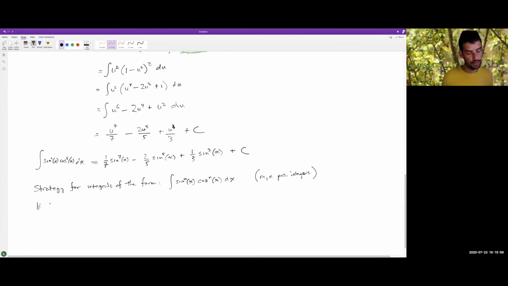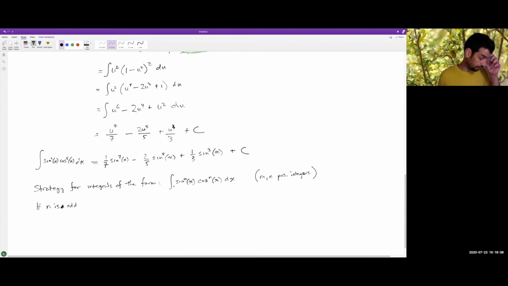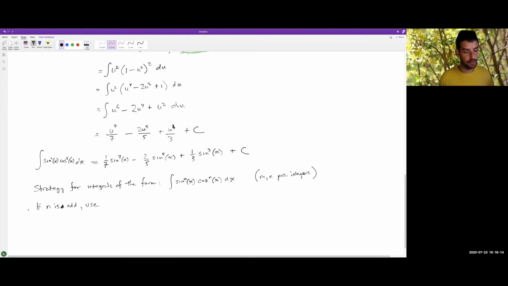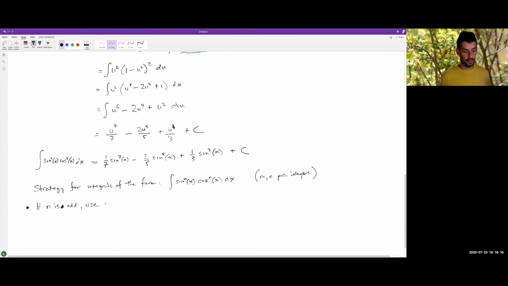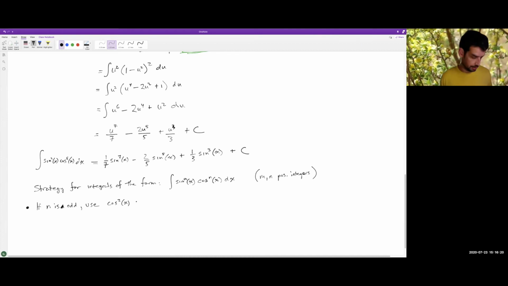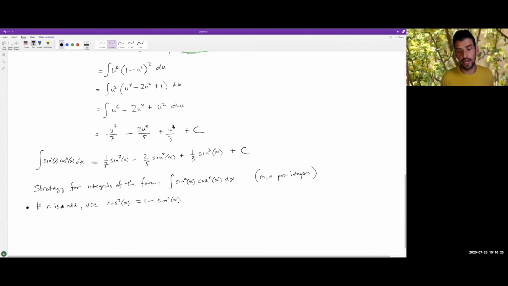So if n is odd, so if the power on cosine is odd, we'll use cosine squared equals 1 minus sine squared x.